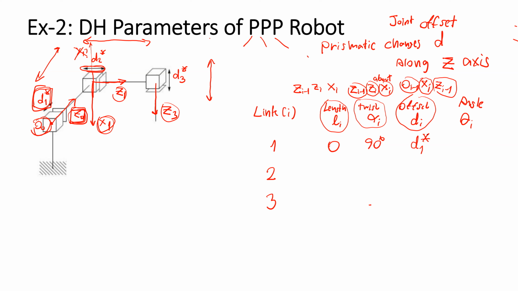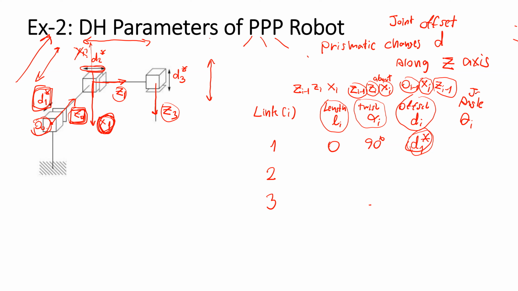If the linear actuator moves far, the distance d1 will increase. If the prismatic joint moves x1 close to O0, this value will be smaller.